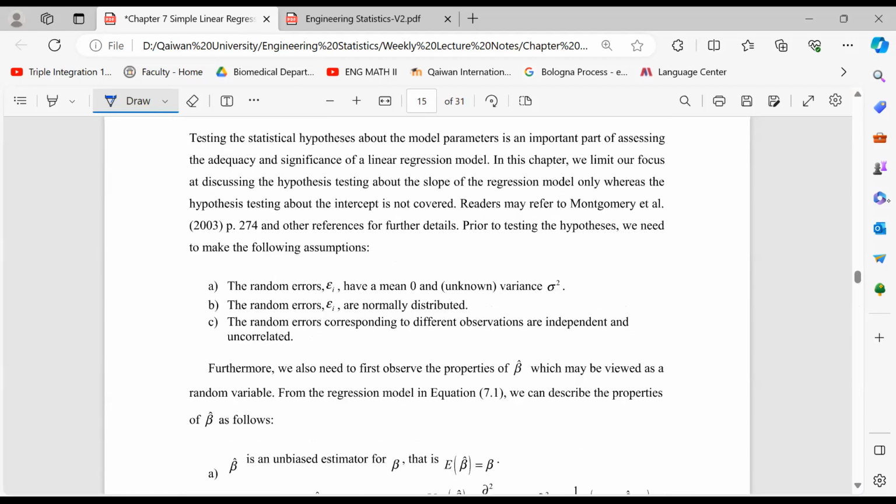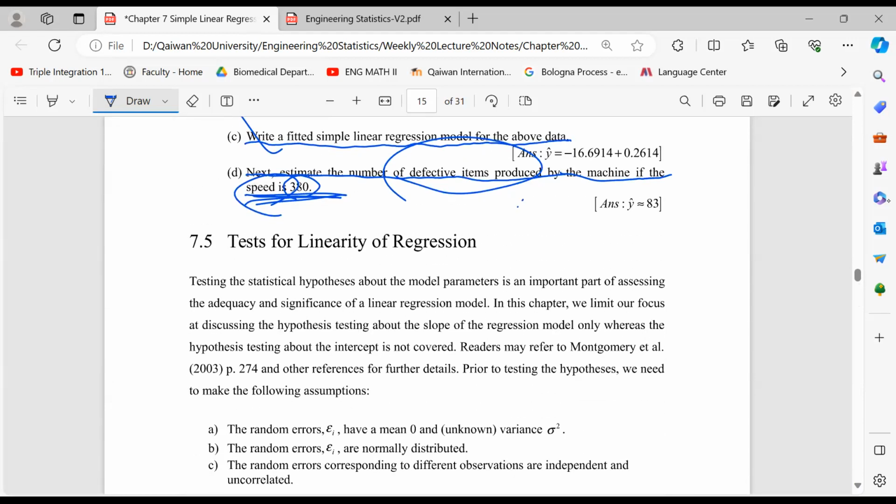As I said, we only studied two different tests for the linearity of regression: the t-test and the f-test. Their formulas are really easy. No worries about that.